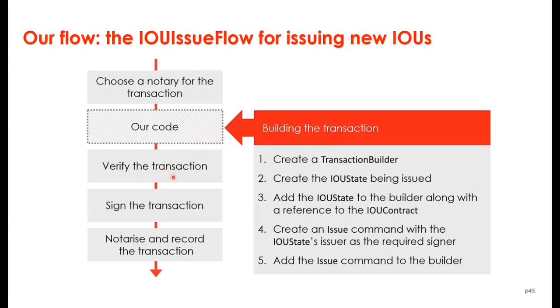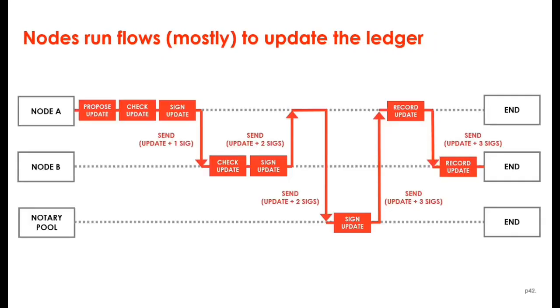Then we verified the transaction, signed the transaction, and notarized and recorded the transaction. If we remember that from our flow diagram, here's our notary pool. We are notarizing and then recording the transaction.